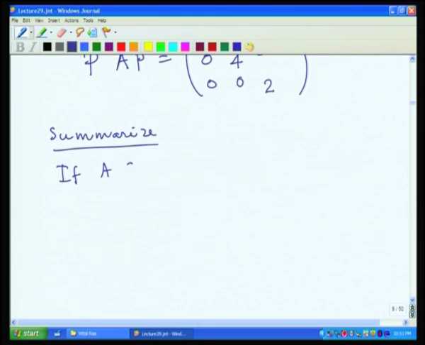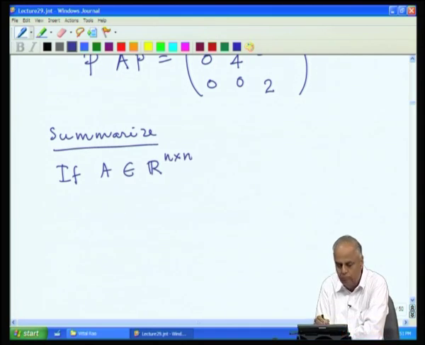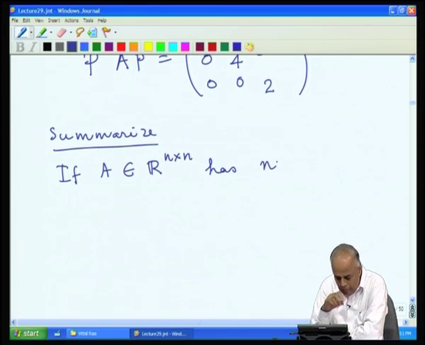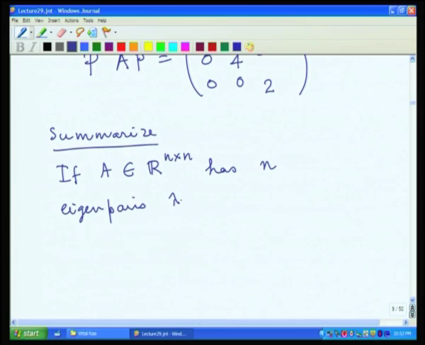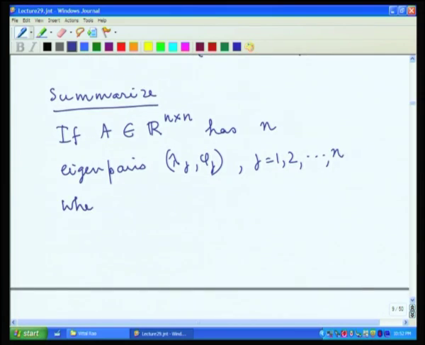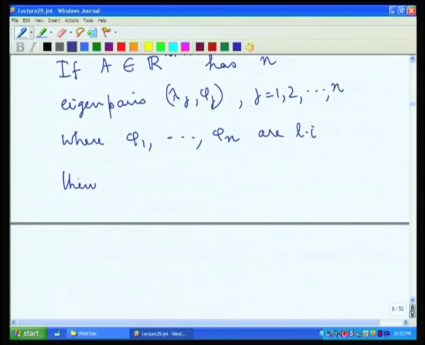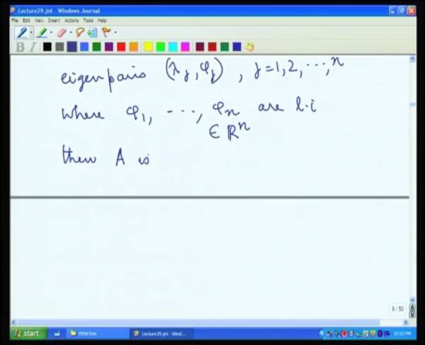This is the important thing to note: if A belongs to R n by n has n eigenpairs lambda j, phi j, j running from 1 to n, where phi 1, phi 2, up to phi n are linearly independent, and of course these vectors are in R n, they are all real vectors, then A is diagonalizable.